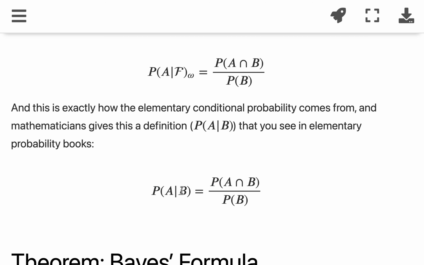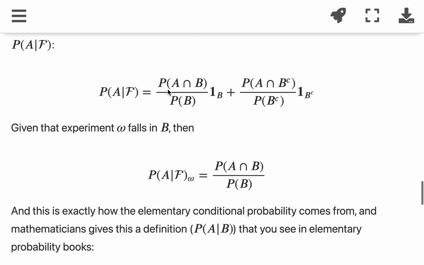When our observation omega falls in B, then the conditional probability of A given B is coming from what we have seen here.